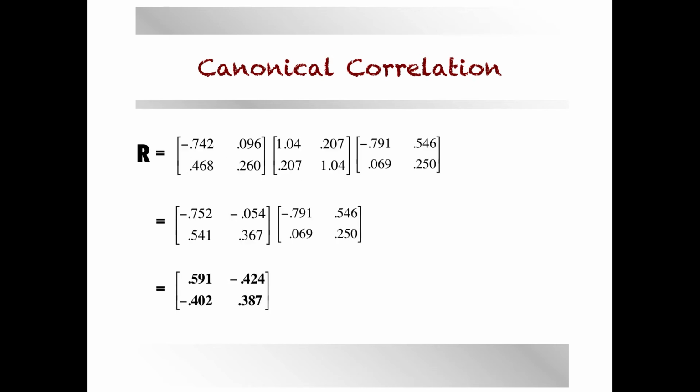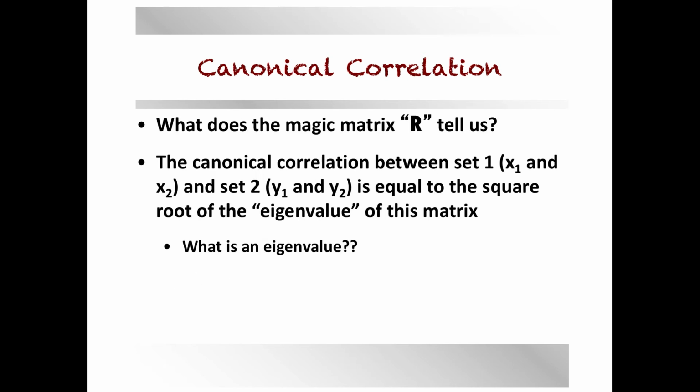You do the first one, then you have another one, and then you have another one. So it'll be 3 2 by 2 matrix multiplications. You can use Excel, hopefully, to your advantage in this process. In this case, you're going to end up with a magic R matrix, the matrix that you see there at the bottom of this slide. Okay, so what does this mean?